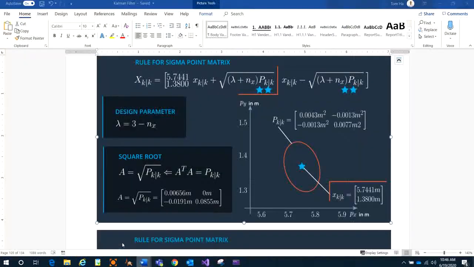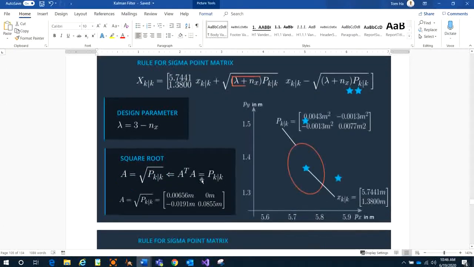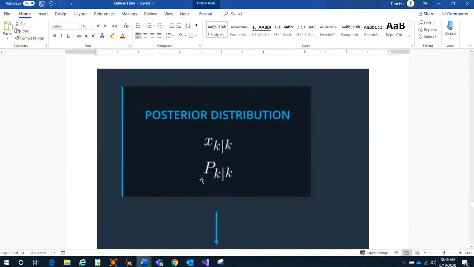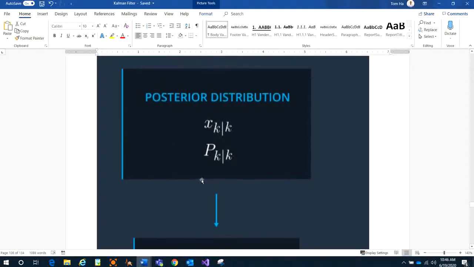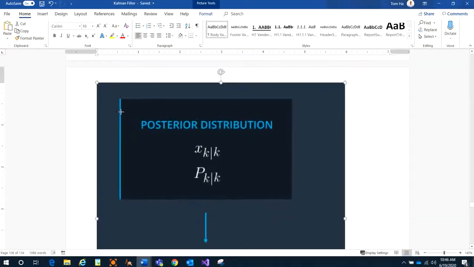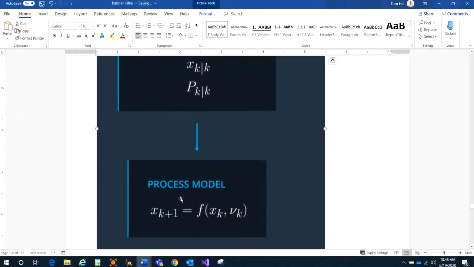We continue. So we already know the sigma points, and right now we pass them through the process model.